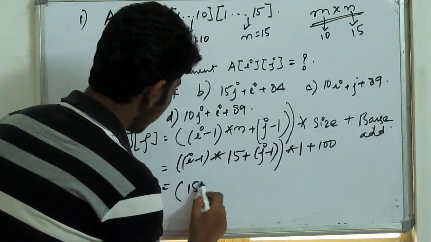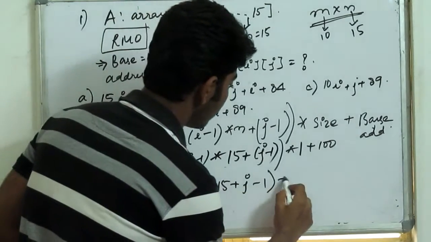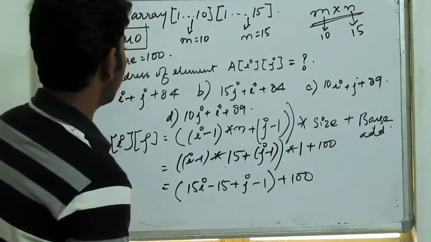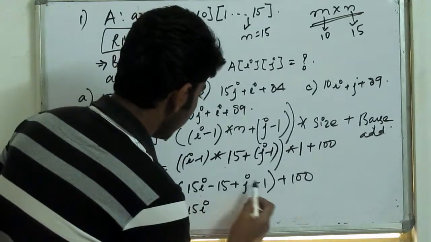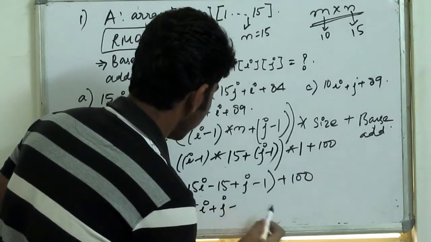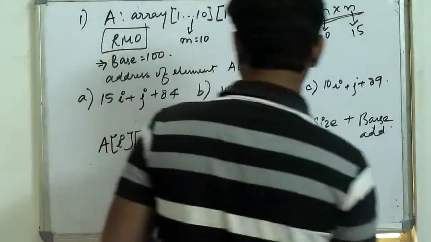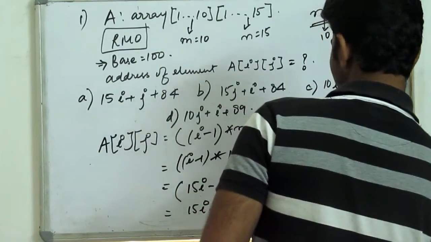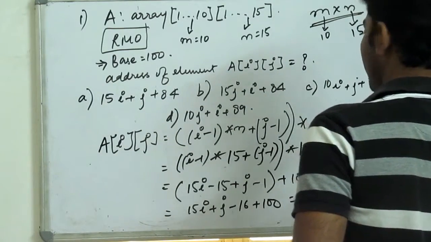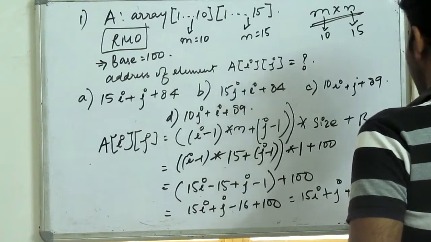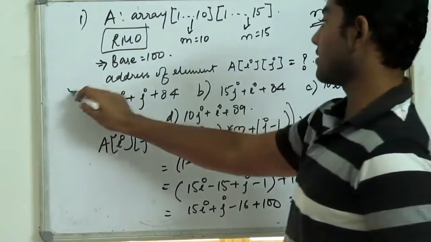It is 15i minus 15 plus j minus 1 plus 100, so it is 15i plus j minus 16 plus 100, which is 15i plus j plus 84. So option A is correct.